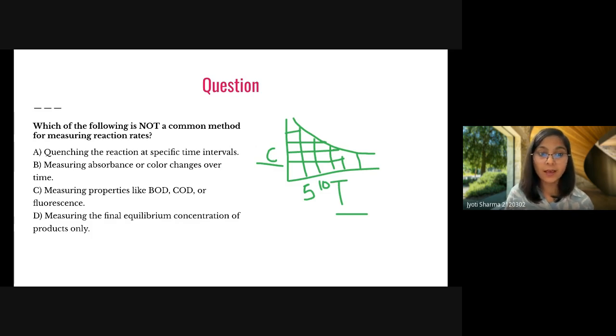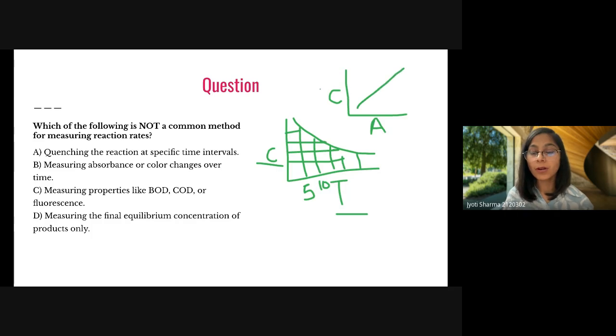The second is measuring absorbance or color changes over time. So what do you mean by this? As you know, here we have another graph, and this is concentration, and here we have the absorbance. The more the concentration, the more light will be absorbed by that solution. For example, you have one solution of NaCl.